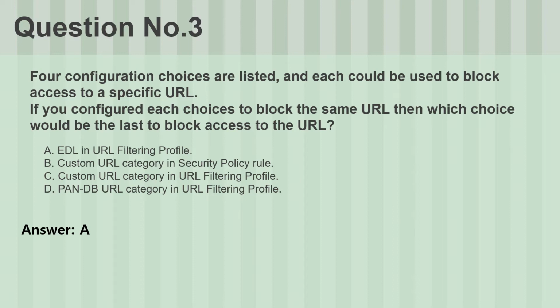B. Custom URL category in security policy rule. C. Custom URL category in URL filtering profile. D. Pan-DB URL category in URL filtering profile. Answer. A.